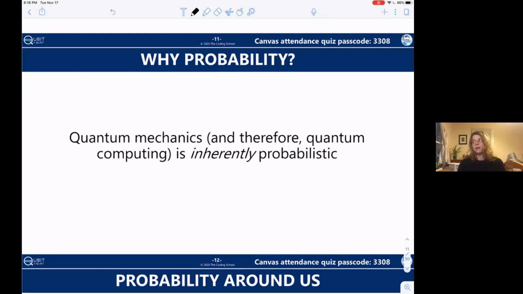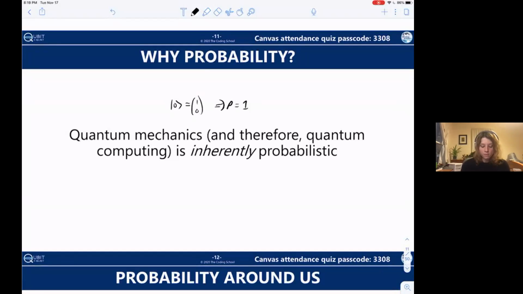When we have it in a well-defined state, where, for example, we want to have it in the 0 state, this just means that if we measured this, we have the probability P equal to 1 for that state. And that's kind of what we're measuring all the time. We're doing measurements of quantum mechanical systems.